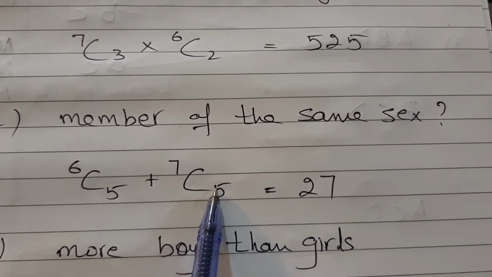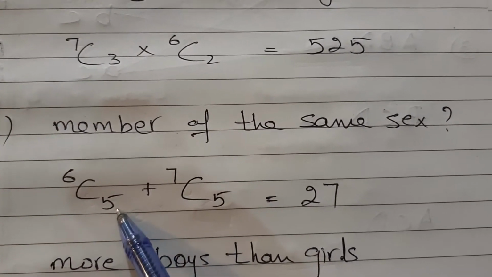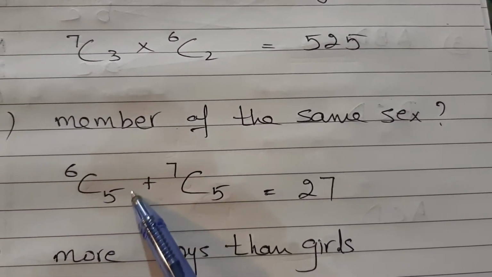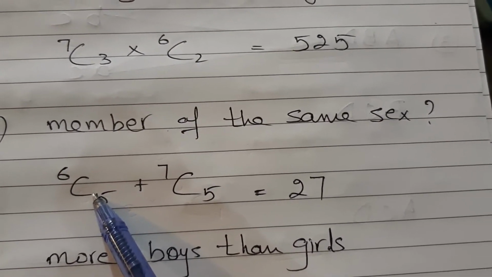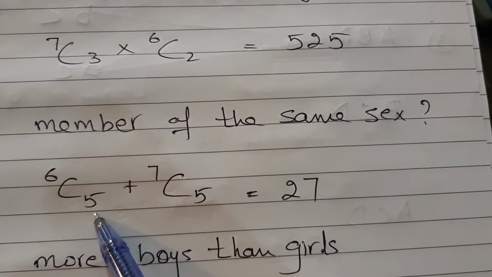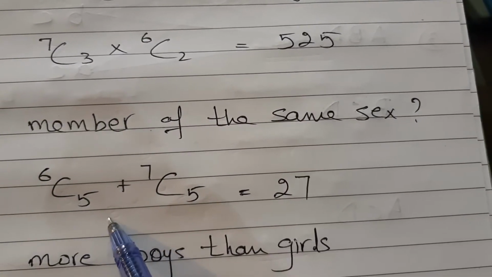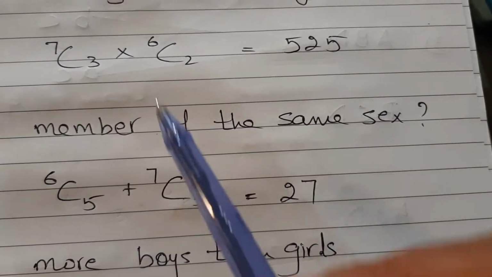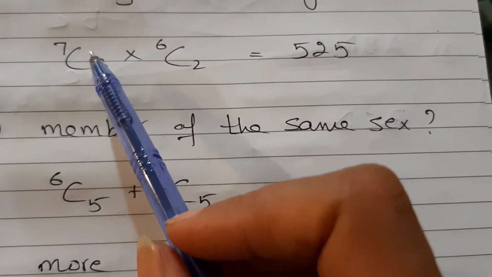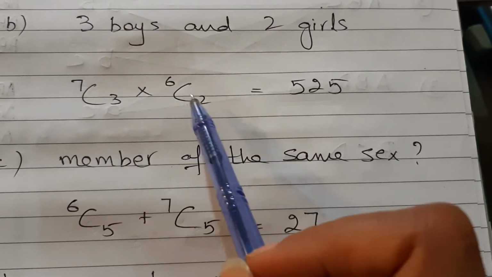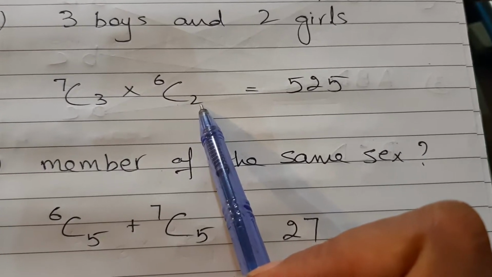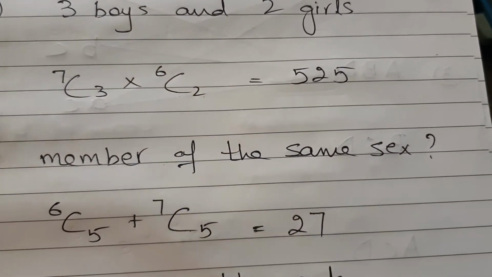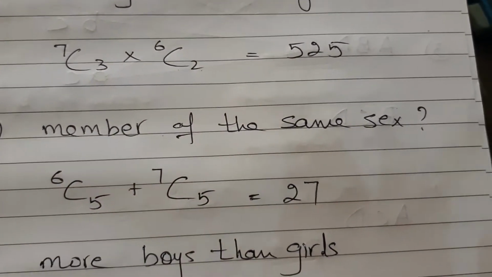And I also told you last time, if you remember, that if this number here actually equals what we need, like I need a 5 member committee, so I have 5 here, so this is a complete group I need. So I will not multiply. Whereas in this case, these are 3 boys and 2 girls, then it will make a 5 member committee. So that's why we write multiplication. So this is also one way to remember it.